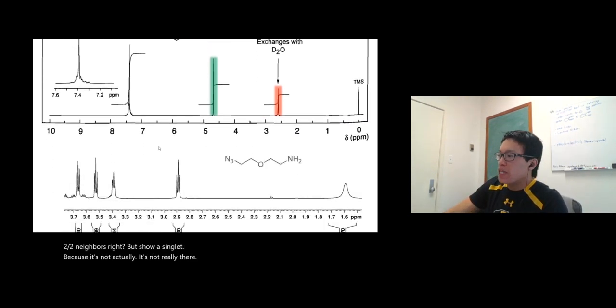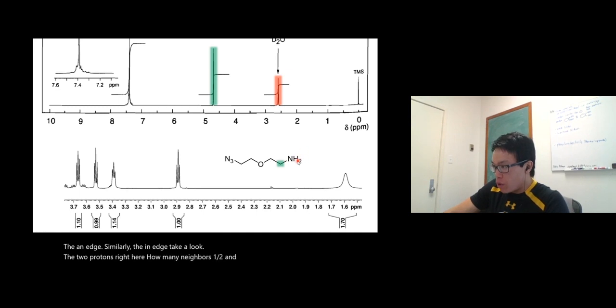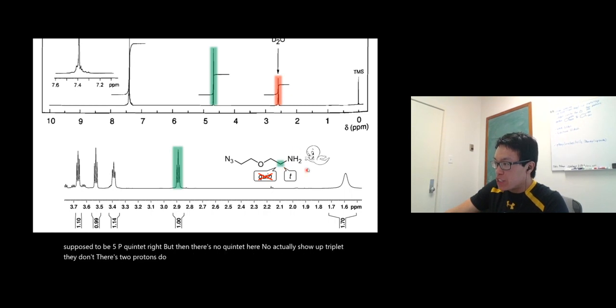The NH similarly. Take a look at the two protons right here. How many neighbors? 1, 2, and then 2 more here. So 4 total, supposed to be a quintet, right? But there's no quintet here. Actually it shows up as a triplet. These two protons do not couple with the exchangeable proton of the nitrogen.